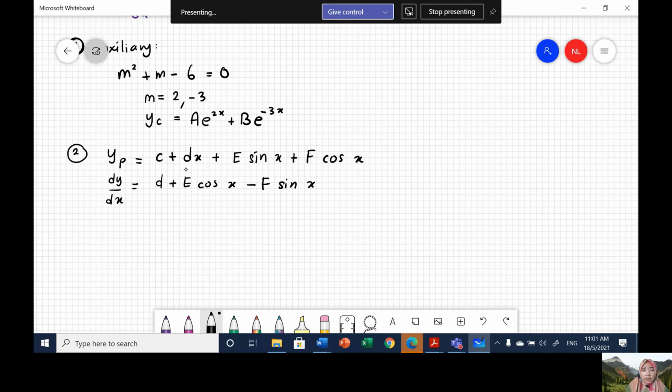You can use capital letter or small letter, there's no problem. Then the second derivative.